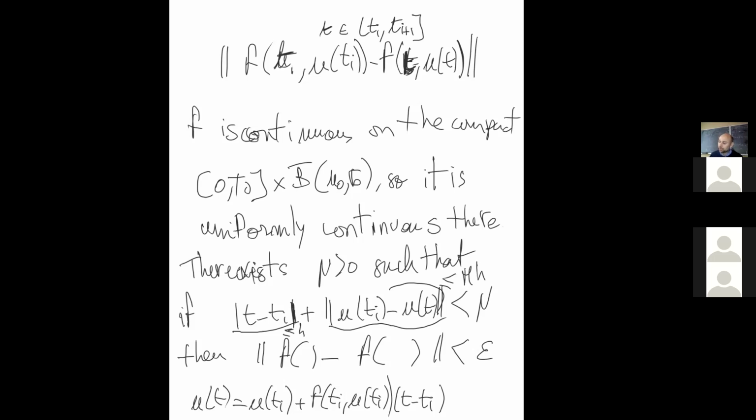Exactly. Il suffit alors de prendre h tel qu'il vérifie que ça est inférieur à mu, ça résout le problème. Exactly. So I want that h plus Mh is less than mu. If I choose h such that h times (1 plus M) is less than mu, or h is less than mu divided by (1 plus M), I got the result.